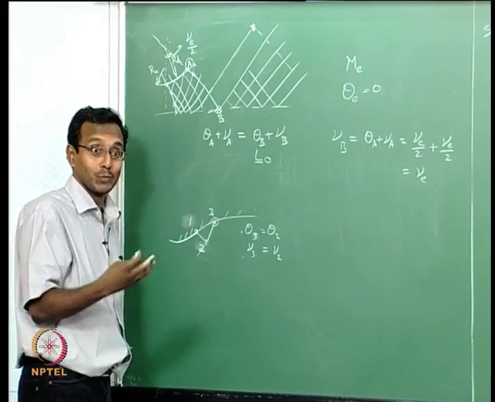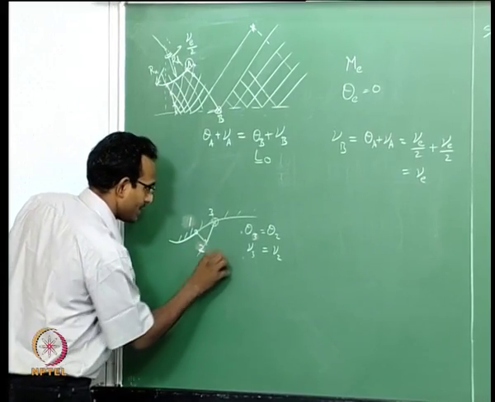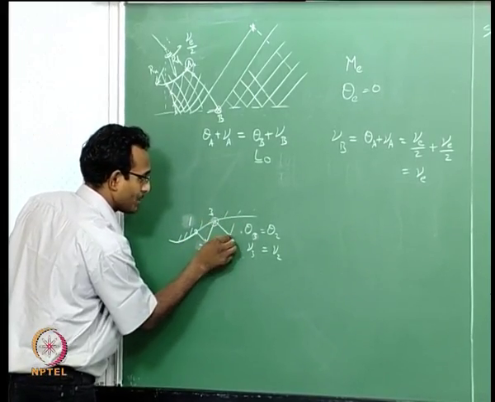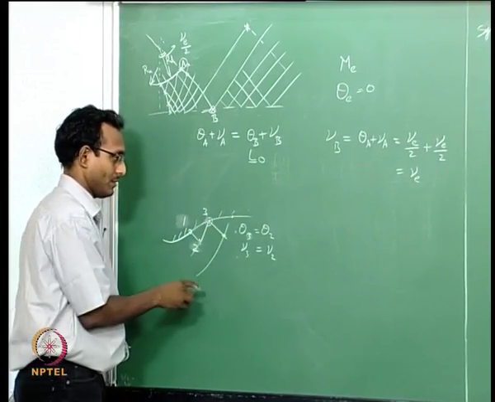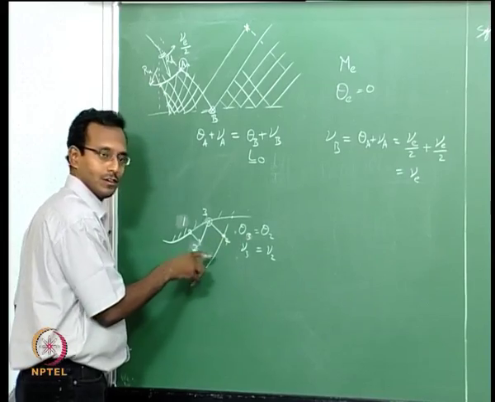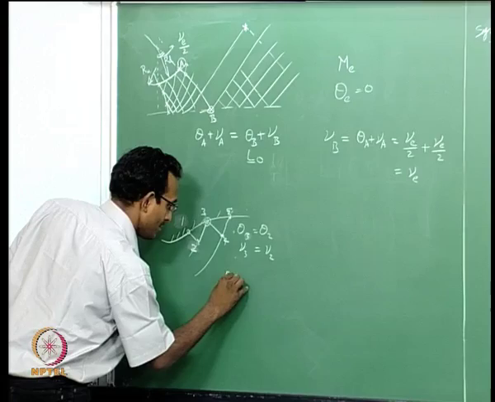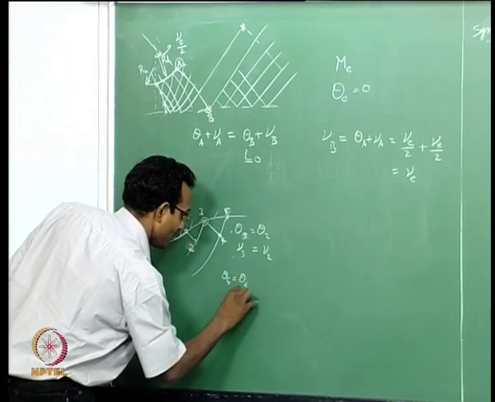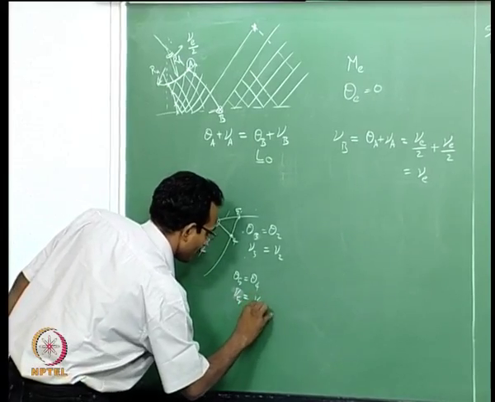We are interested in xy because we are creating the wall. How will I solve the next one? Pick the next characteristic. This is the last point here. I will put this value here. If I call this one as 4, 5 will have theta 5 equal to theta 4 and nu 5 equal to nu 4.